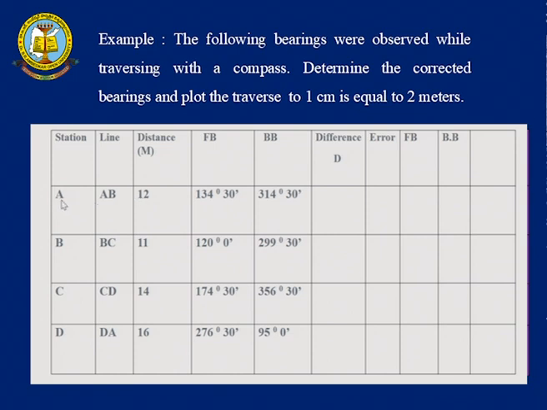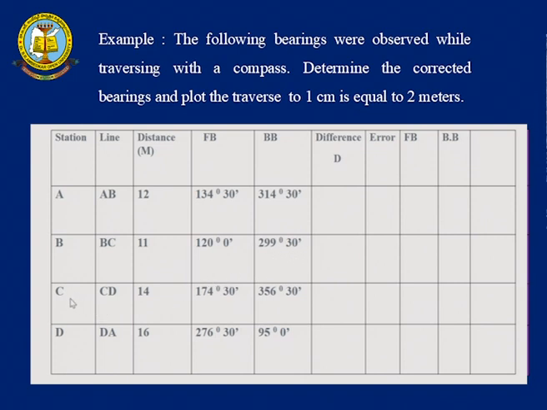Now you move to station B. From station B you have to observe station C, and from station B you have to observe station A again. So this is called back bearing. Here from station B to C the bearing is about 129 degrees, and the back bearing is 299 degrees 30 minutes.